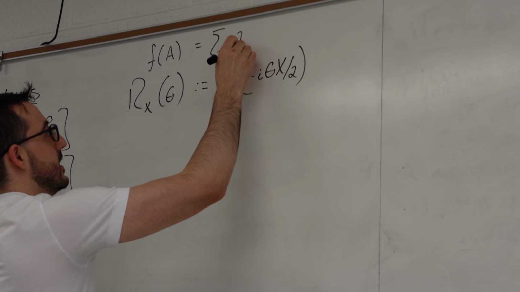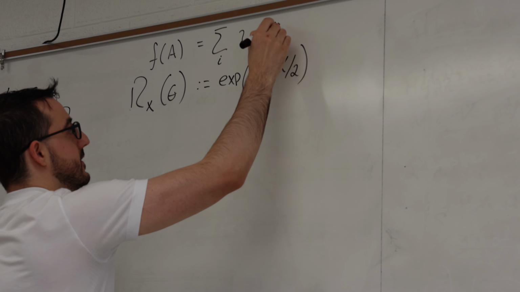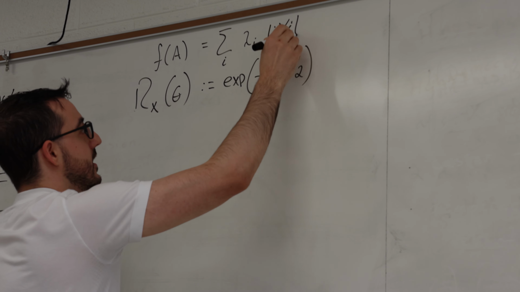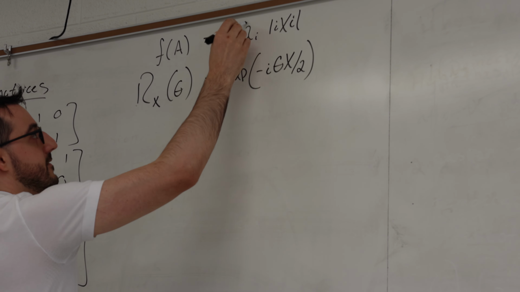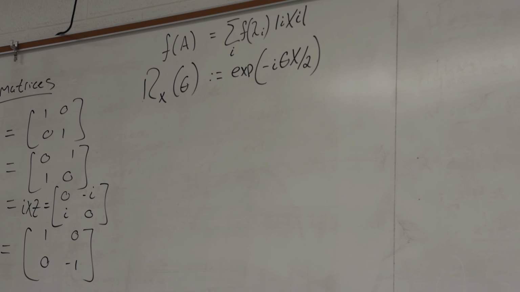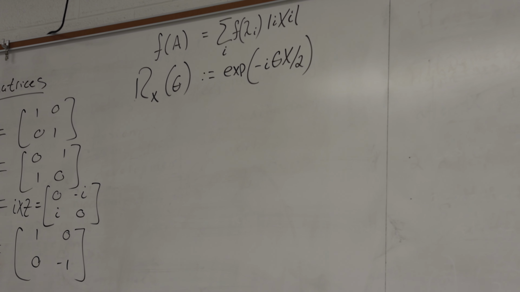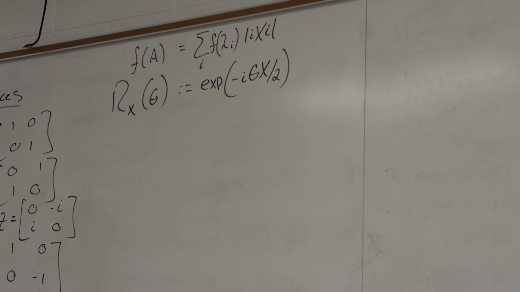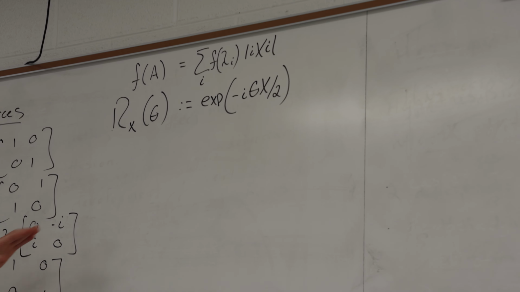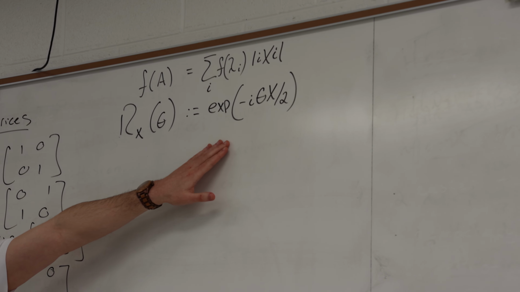So sum over I, lambda I, eigenvector I, and then you apply the function f to the eigenvalues. Do you remember this definition? This was the trick, or the way to do the last problem on the first quiz. And that's formally how you would evaluate this.